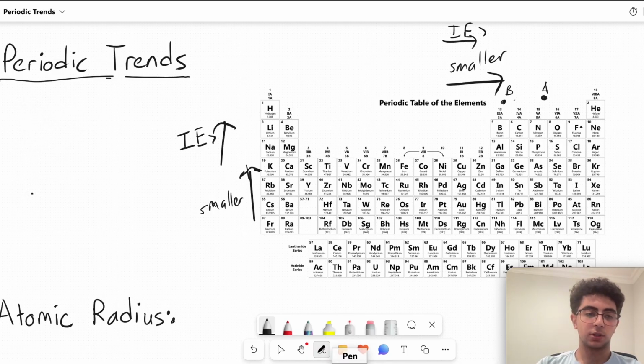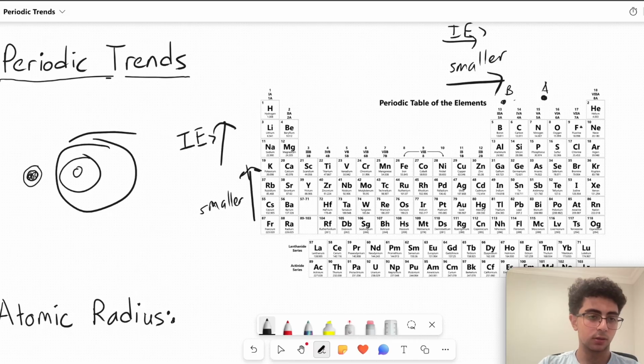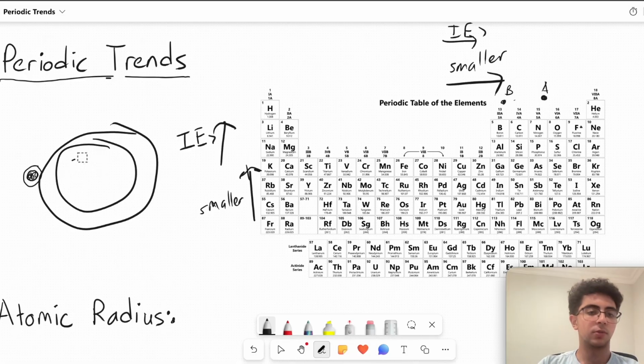How does this trend work? So let's, again, imagine our F and Br. We know F is smaller than Br because Br is lower, so it's got more shells. So let's draw F like this, and then let's draw Br much bigger, like that. So what's going to happen is these electrons are being shared.